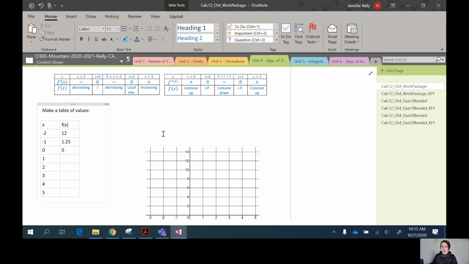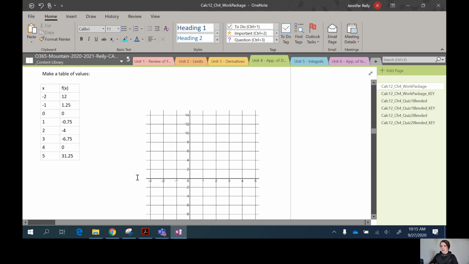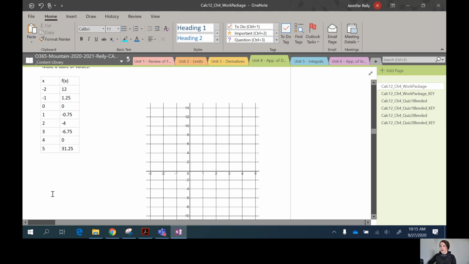When I plug in -1, I get 1.25, then 0, -0.75, -4, -6.75, 0, and 31.25. At some point, most of these functions increase quite rapidly and jump off the graph, so that last one is already going to be off of the graph.